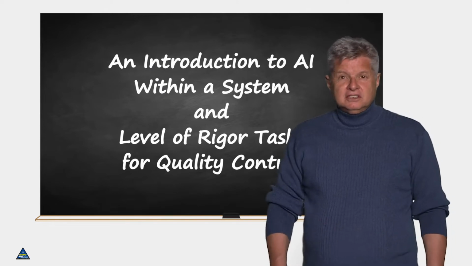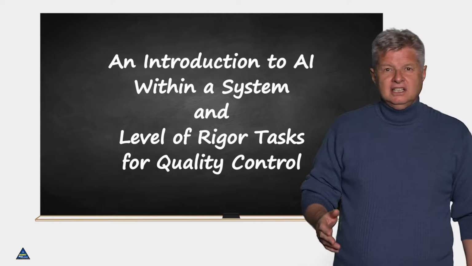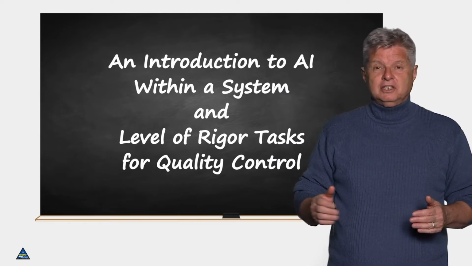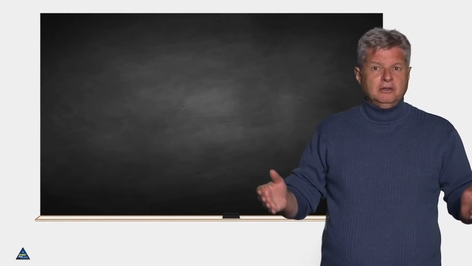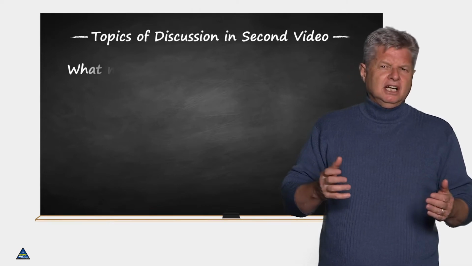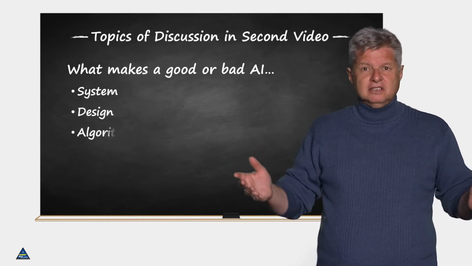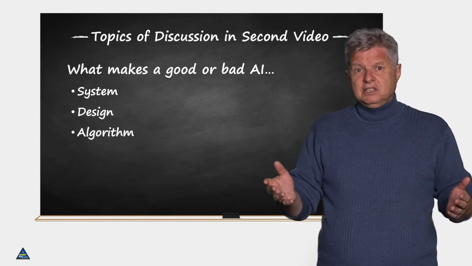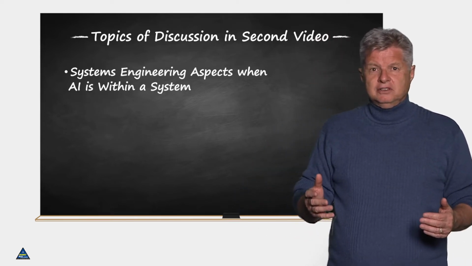Well, that's it, folks. That was our first video in the series. I hope you enjoyed it. I had a lot of fun describing those specific aspects of artificial intelligence and machine learning to you. I think you see where we're going. Our next video is going to focus on what makes a good or bad AI system or design or algorithm or AI in general. Some other things we're going to talk about are the system engineering aspects of artificial intelligence.